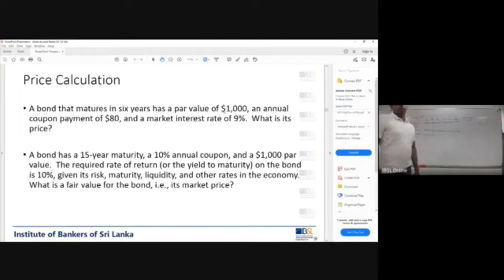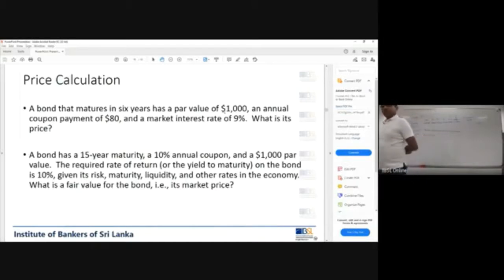Question number 2. The bond has a 15-year maturity, 10% annual coupon, $1,000 par value. Required rate of return or yield to maturity on the bond is 10%.